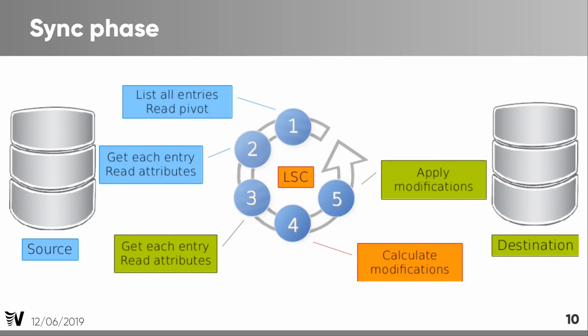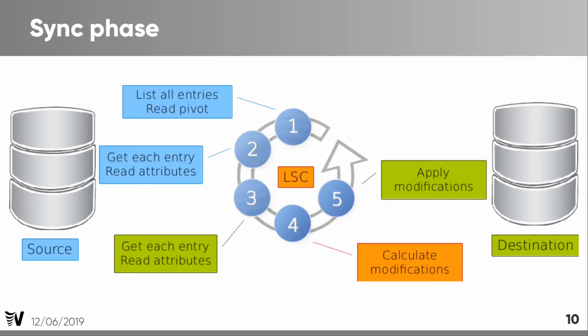For the synchronization, we have this process. LSC will first read all entries from the source, and it will take one attribute, which is the pivot. This attribute will be used to map the source entry with the destination entry. It means you have a value, mostly the user identifier, for example. We will compare the user identifier in source with the user identifier in destination. If they match, it means that there is an entry for the user in destination.